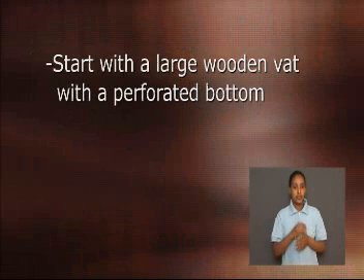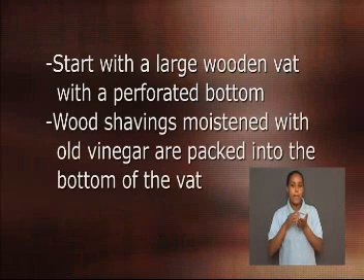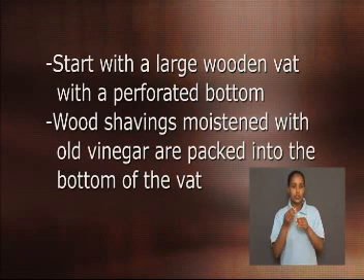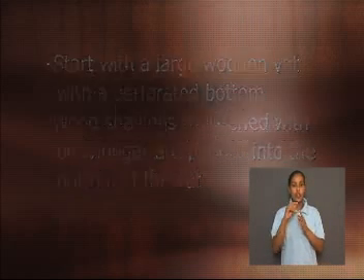The process starts with a large wooden vat that has a perforated bottom. Wood shavings that are moistened with old vinegar are packed into the bottom of the vat. Ethanol solution is added, which trickles through to the bottom.